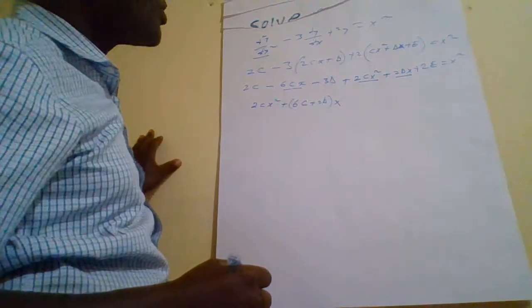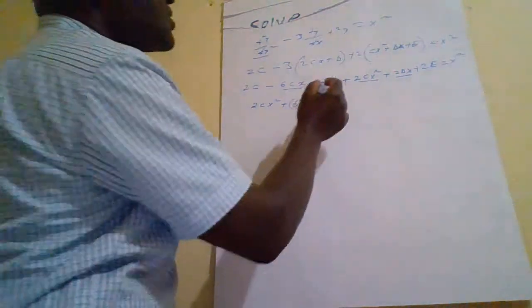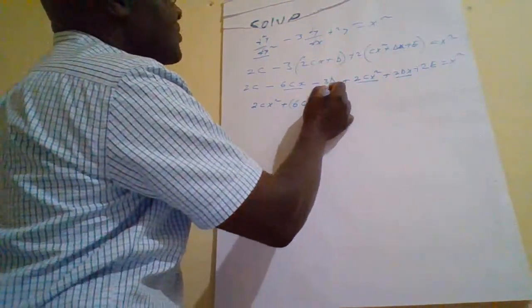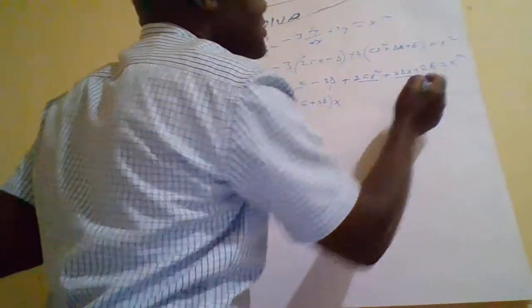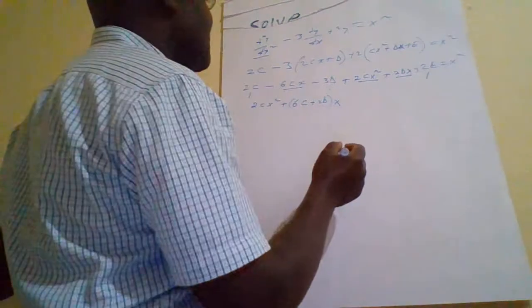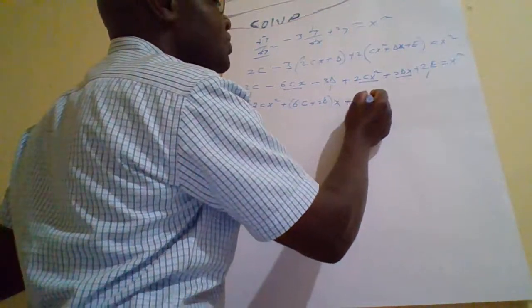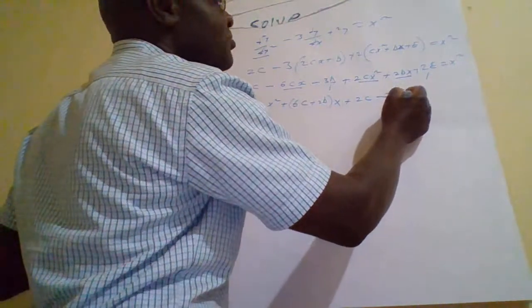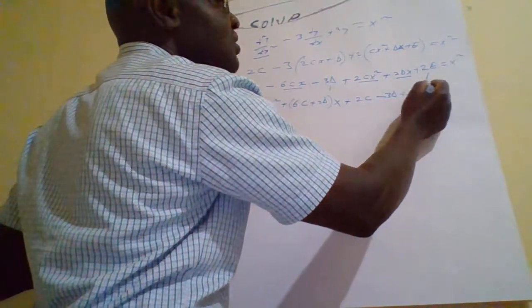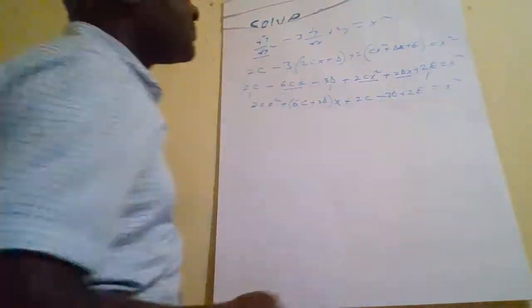Then of course we also have the constant terms: 3d, 2c, and then 2e. So we shall have plus (2c minus 3d) plus 2e equals x squared.